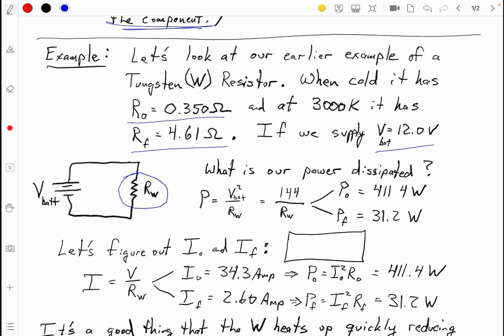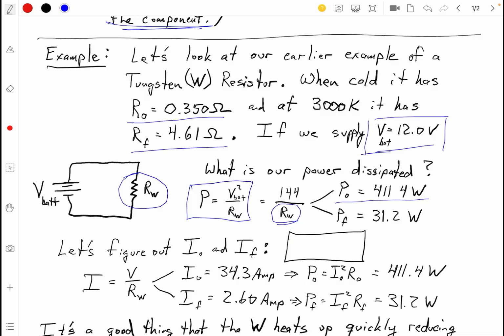So if we only know that we have a 12 volt battery, we've got our 12-volt battery right here, then we can just use P equals V battery squared over our tungsten resistance. And our tungsten, there's two of them, right?